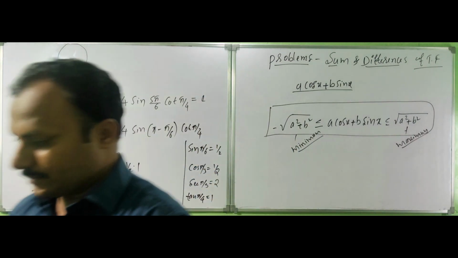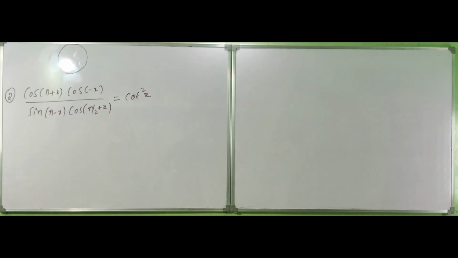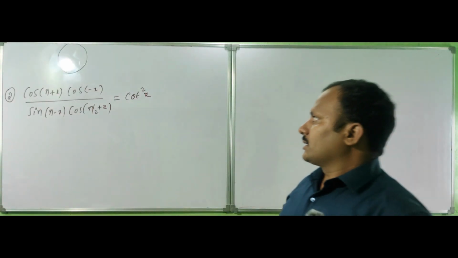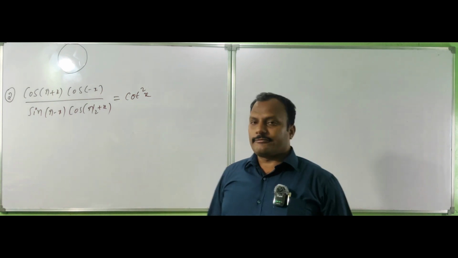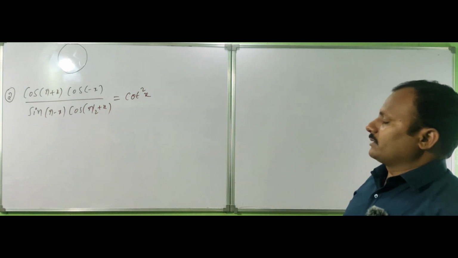Next question, students: cos(pi plus x), cos(minus x), sin(pi minus x) and cos(pi/2 plus x). We have to prove that this is equal to cot square.